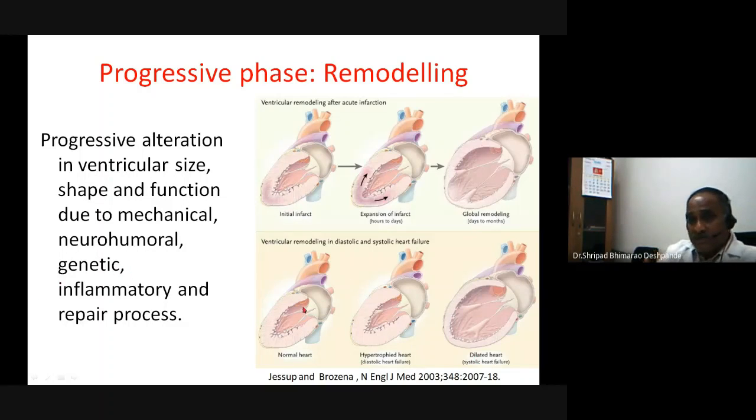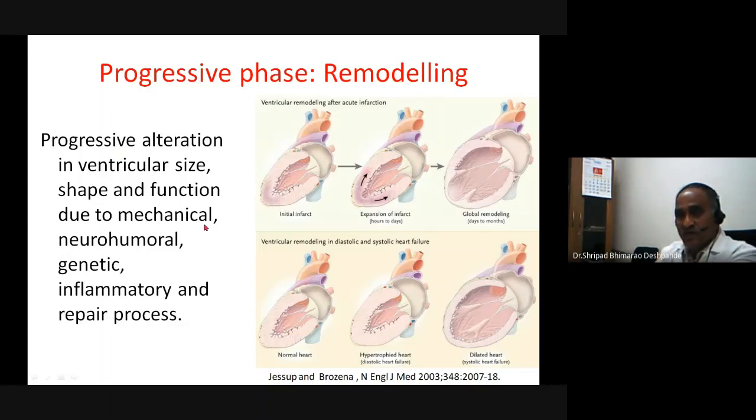And because of the inflammatory response, because there is some injury there, and the inflammatory response is followed by the repair process. So all these things would produce a change in the cavity and the functioning of the heart, so that may be detrimental to the function of the heart itself.